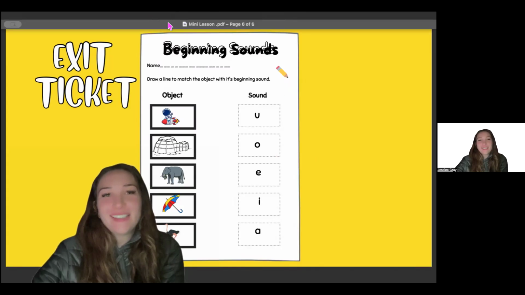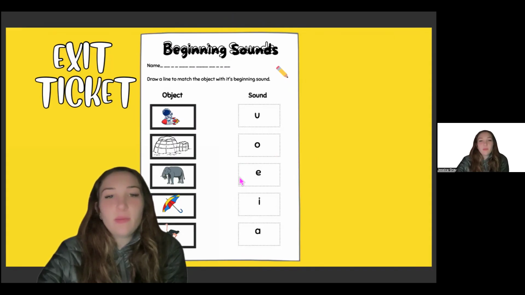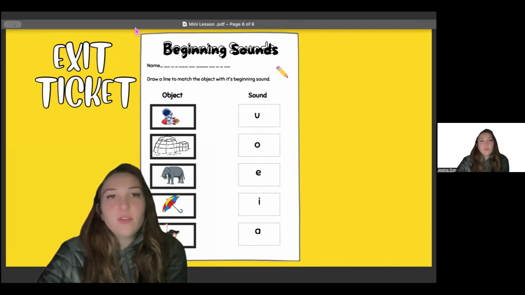For my exit ticket, I would do this worksheet to ensure students understand the spelling for the day, and obviously I would have it a bit more correlated to what the specific words were. But especially if this is in the beginning of the year, I feel like this would be something good for students just to go over.